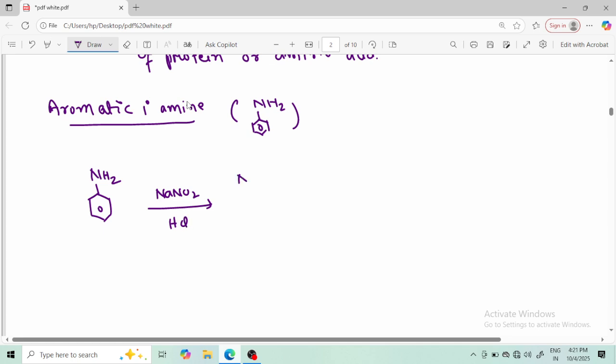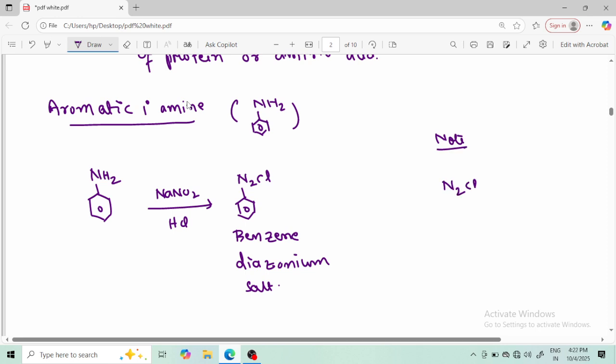It will give you N2Cl. Now this reaction we did in the haloalkane and haloarene chapter also. So this one is called what? Benzene diazonium salt, yes or no?